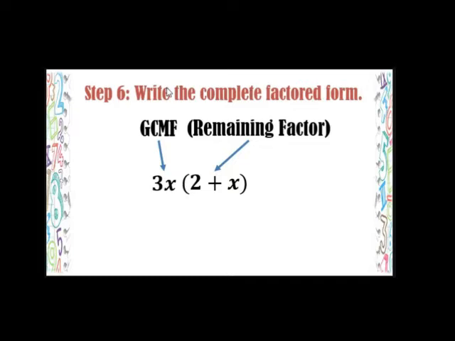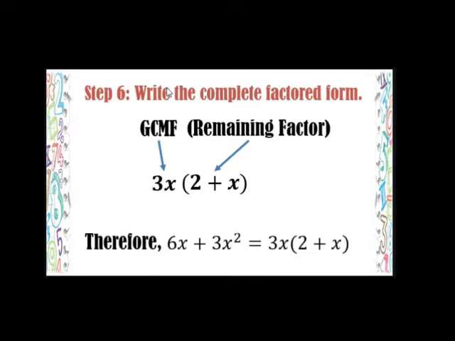Our GCMF is 3x and the remaining factor is 2 plus x. So we have 3x times 2 plus x. Therefore, 6x plus 3x squared when factored is equal to 3x times 2 plus x.